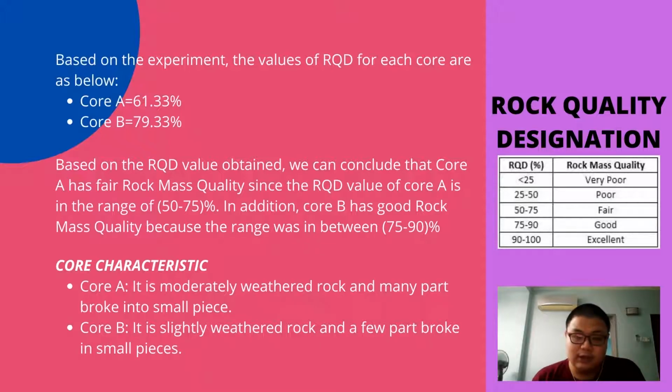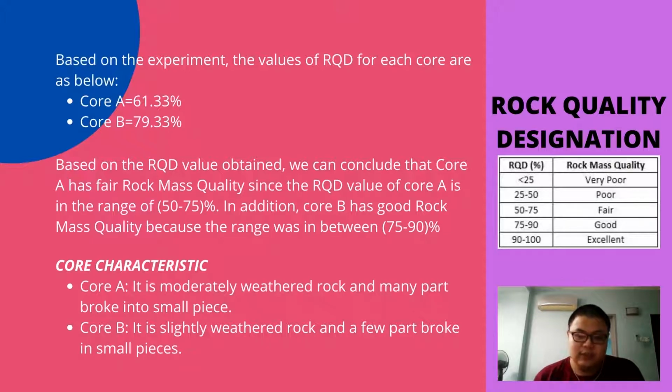We can conclude that core A has fair rock mass quality since its RQD value is in the range of 50 to 75%, and core B has good rock mass quality because it is in the range of 75 to 90%.